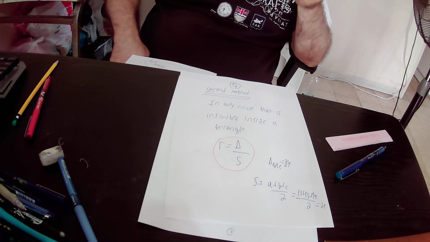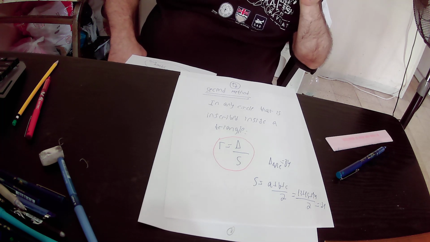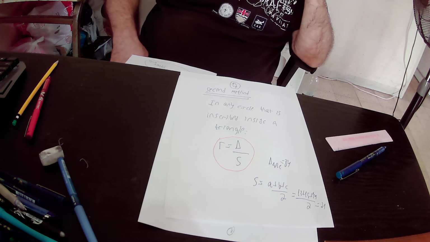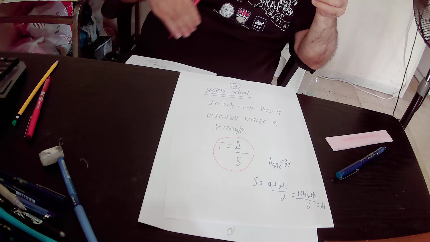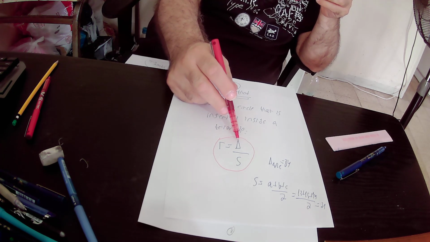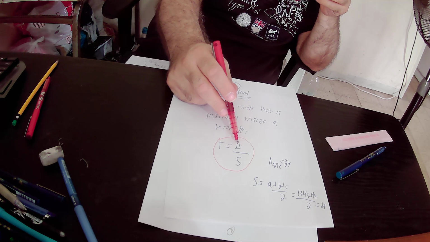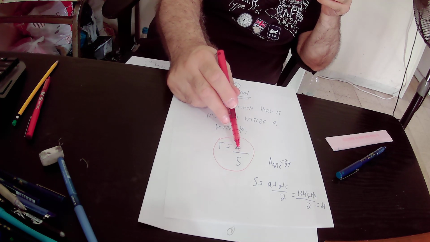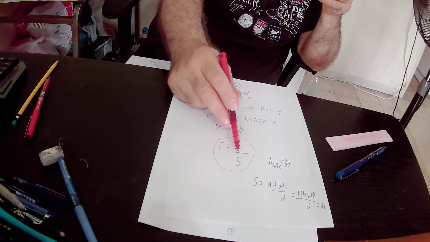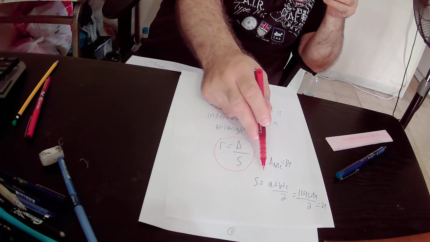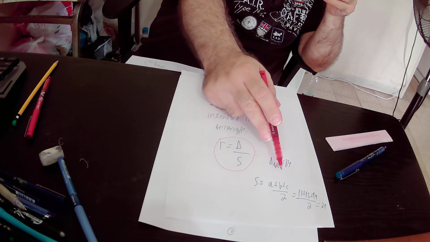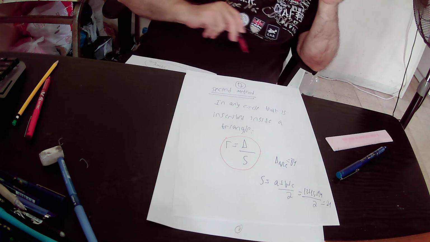The radius of the circle that is inscribed inside a triangle will be equal to the area of the triangle that contains the circle divided by the semi-perimeter of the triangle. And the semi-perimeter of any triangle equals the perimeter of the triangle divided by 2.